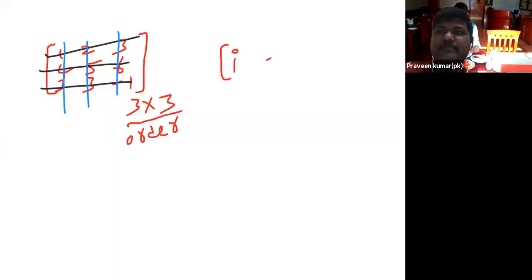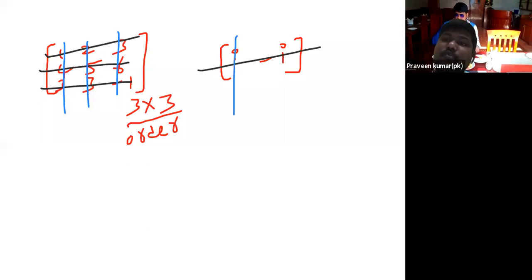I minus I. What is the order of this matrix? Dear students, inside of a matrix, complex numbers are also possible. Correct. How many rows are there in this? Dear student, don't confuse. How many rows? 1 row. How many columns are there? 1, 2.